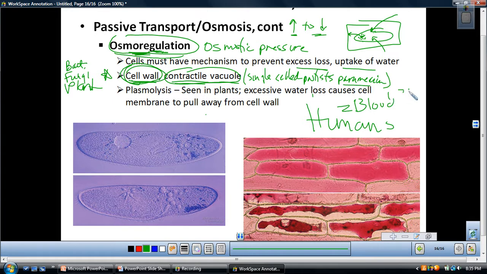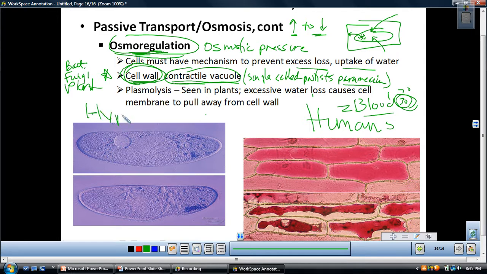Blood is basically 70% water, 30% solute, which is the same as it is on the inside of our cells. Since we have blood which has solutes or dissolved proteins in it, that helps us counteract osmotic pressure as well.